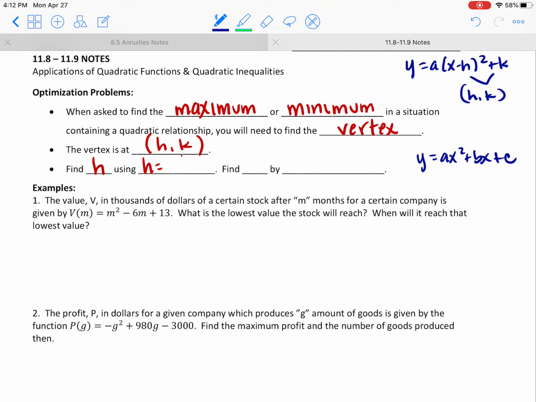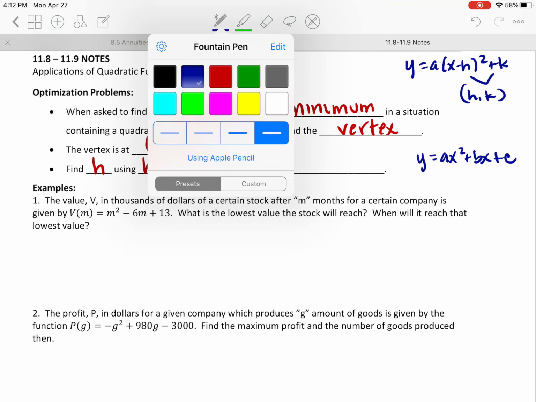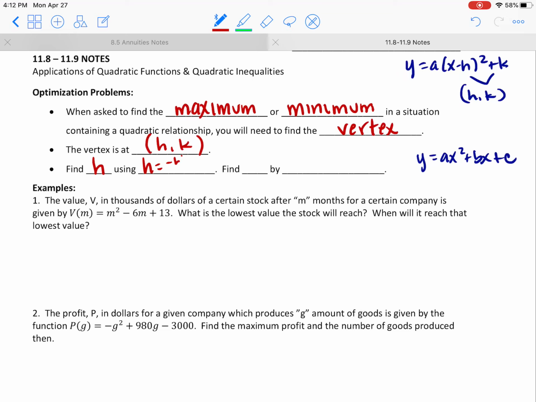We could see our vertex at h and k, but if we were given standard form, which was ax squared plus bx plus c, there's no h and k directly shown in that form. So if we had vertex form, we can just pick out the vertex, great. If we have standard form, we're going to calculate the vertex using the formula. So h is negative b divided by 2a, and then we find k by taking h and plugging it in. Find k by plugging h in.